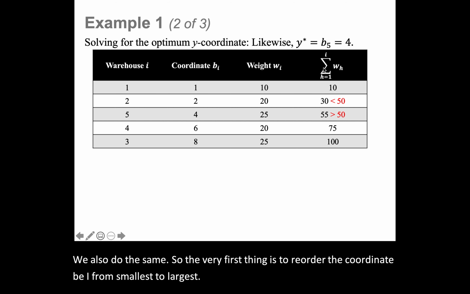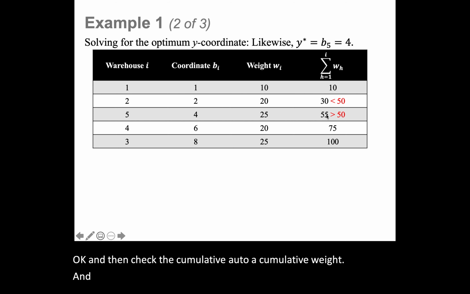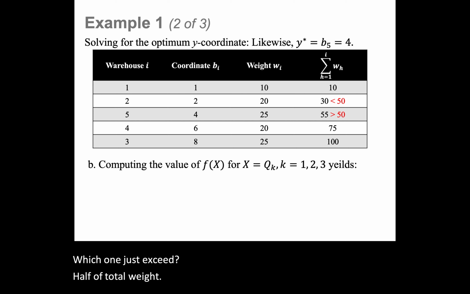And then take the cumulative weight, and then find which one just exceeds half of the total weight. So we will get the y star equal to b5 equal to 4, okay.